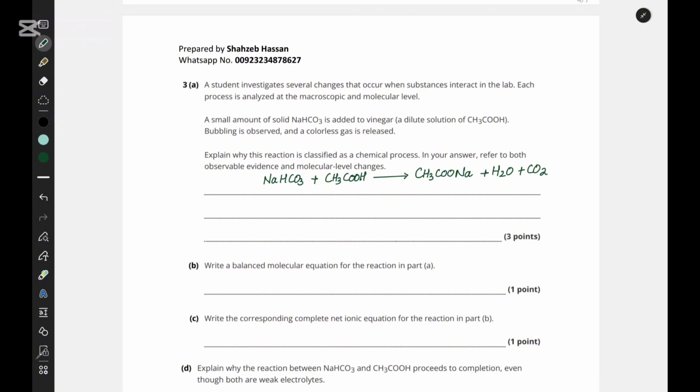They are saying explain why this reaction is classified as a chemical process. So first of all, the first reason we can say is that chemical reactions involve bond breaking and bond formation.